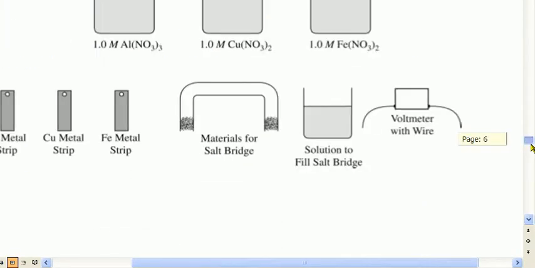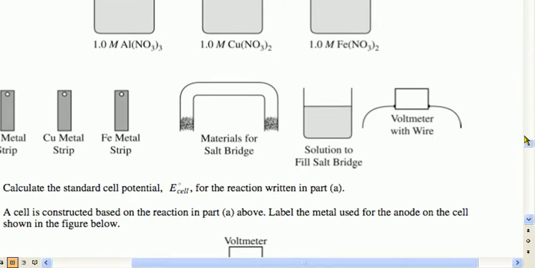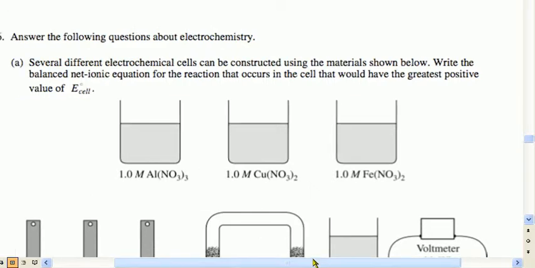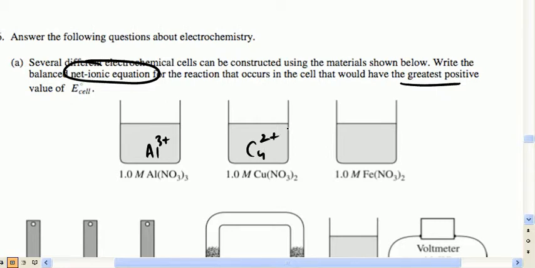Okay. This problem is actually a very simple problem. They give you a bunch of equipment here. Typical lab problem. And they say write the balanced net ionic equation for the reaction that would have the greatest positive voltage. So what we've got going on here is Al3+, Cu2+, and Fe2+.